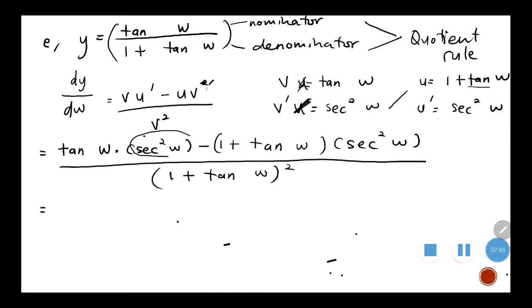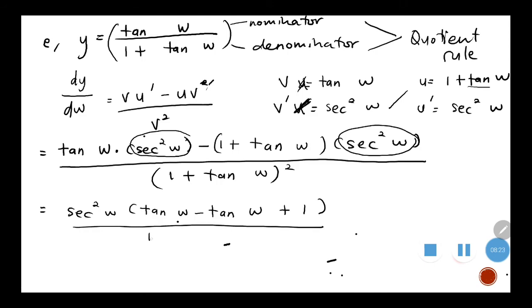We can put this part together, secant squared w. So it is secant squared w times (1 plus tan w minus tan w) over (1 plus tan w) squared.